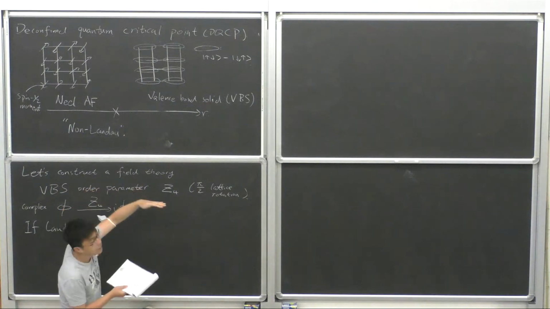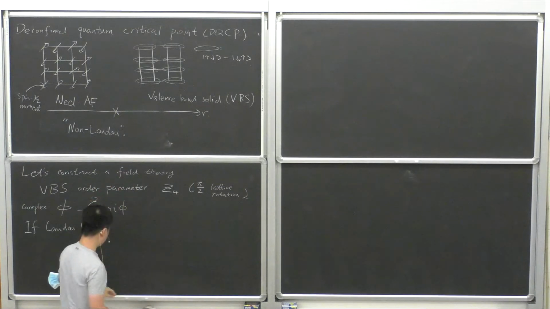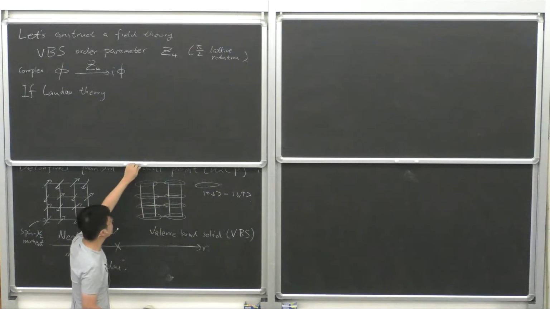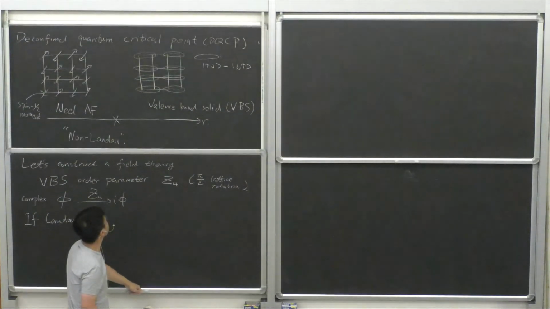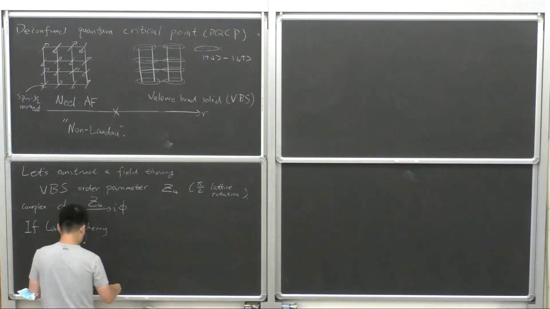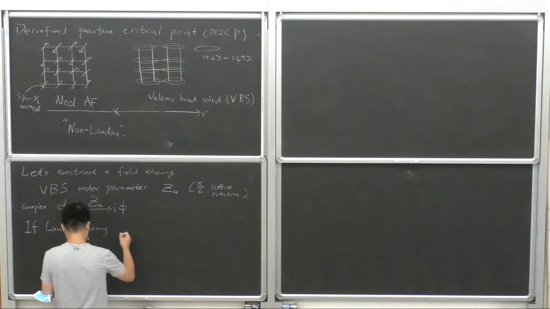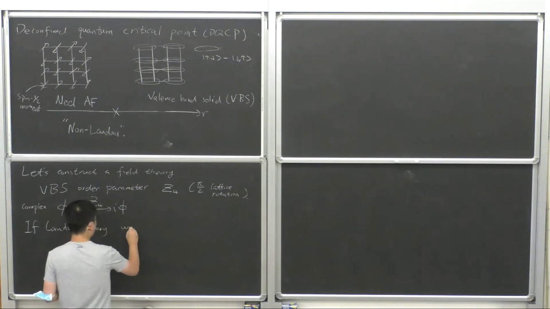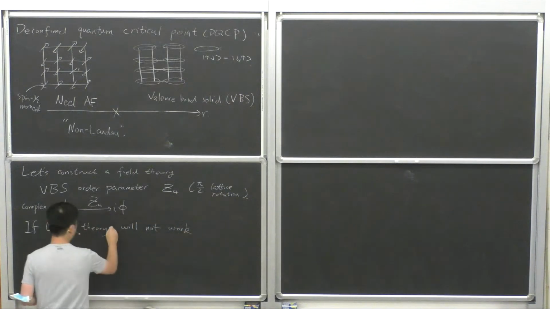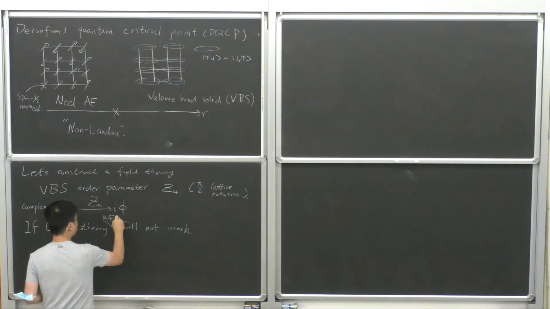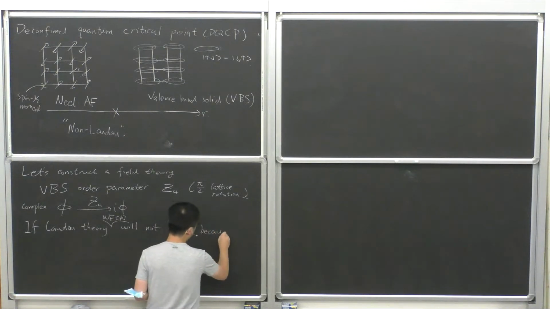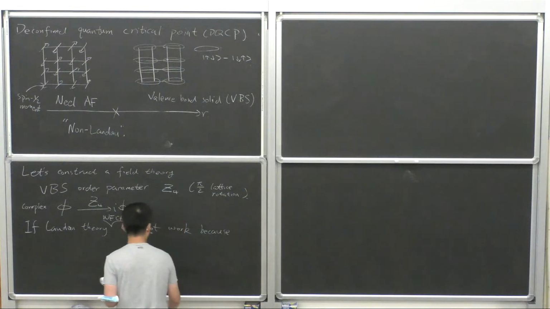It's the 90-degree lattice rotation. We know it will not work. Landau theory means Wilson-Fisher in phi, because the disordered phase will not have the Néel antiferromagnetic order.